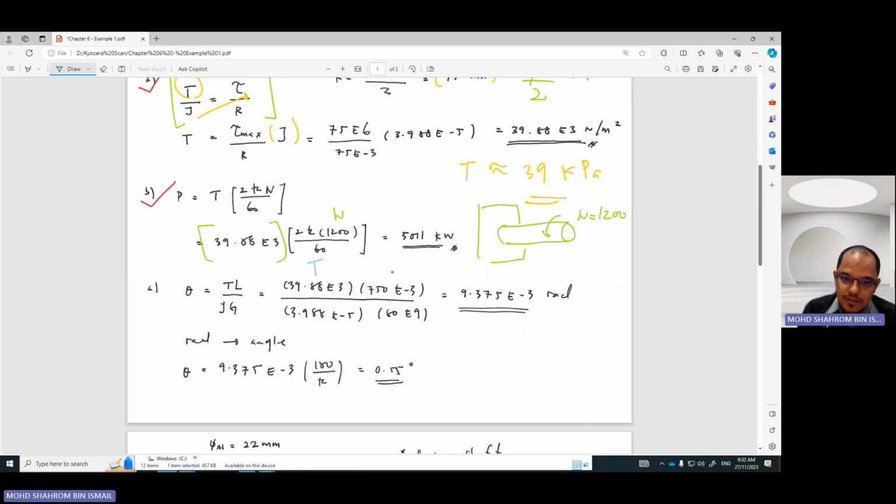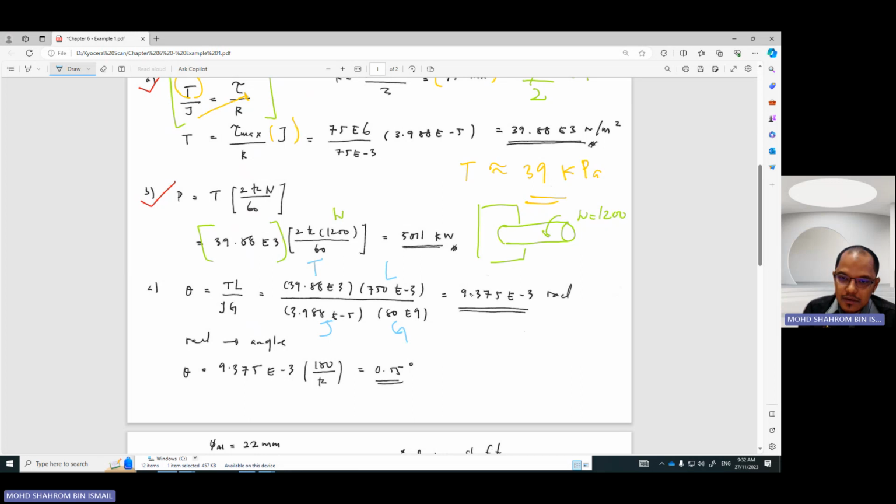L is 750 millimeter. J is 3.9. This one is J, we know. And then G is shear modulus. We know it give us the value of 80 gigapascal.